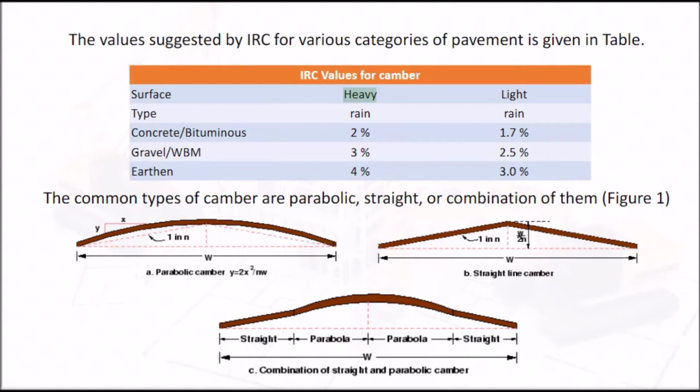Heavy rain, light rain. Concrete or bituminous: 2%, 1.7%.